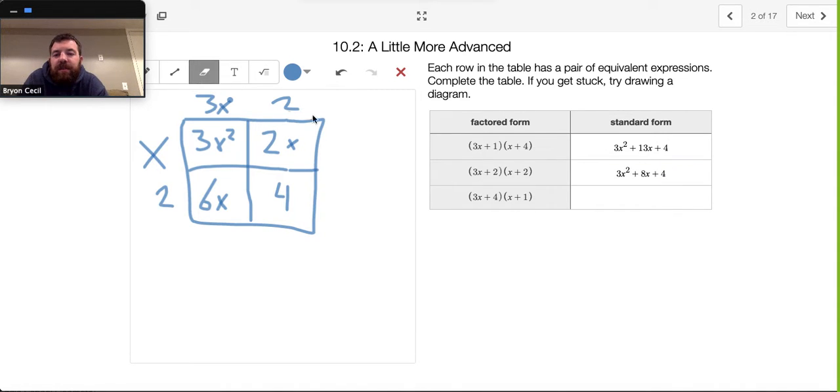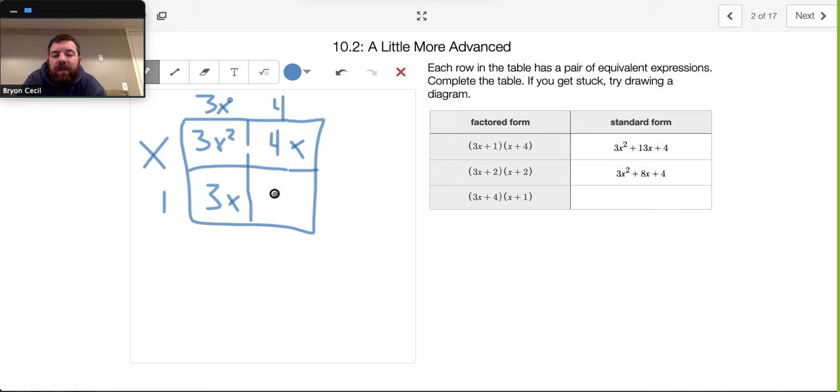Now, guys, still along this theme here, try to use this box as much as I can without ruining it. There we go. I'm going to have a 3x plus 4, and I'm going to have an x plus 1. So 3x times 1 is 3x. x times 4 is 4x.